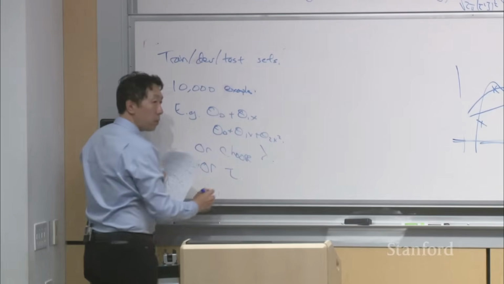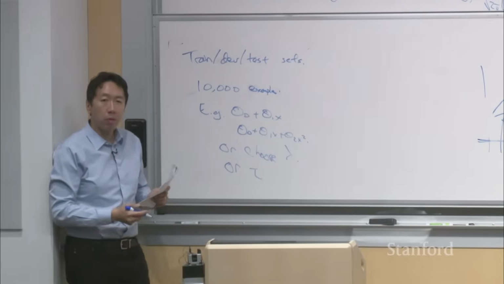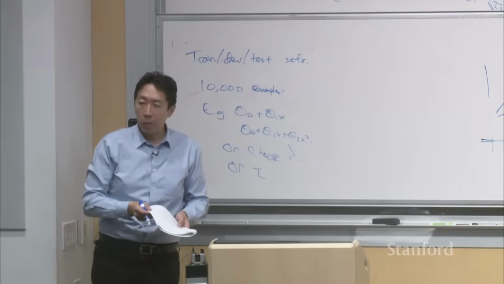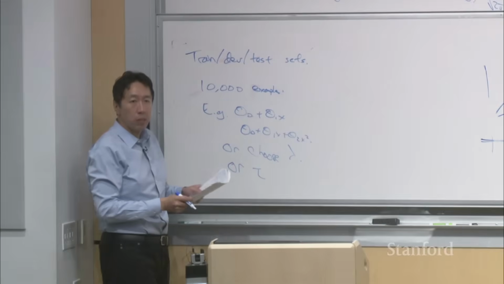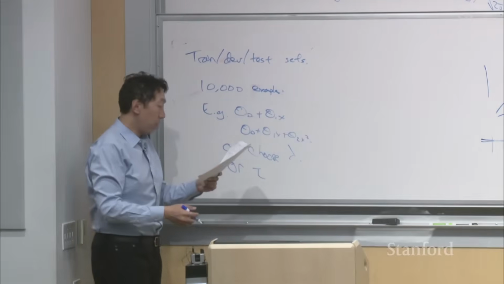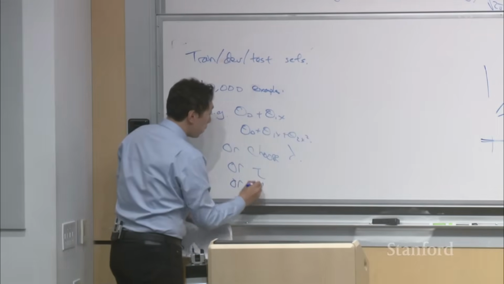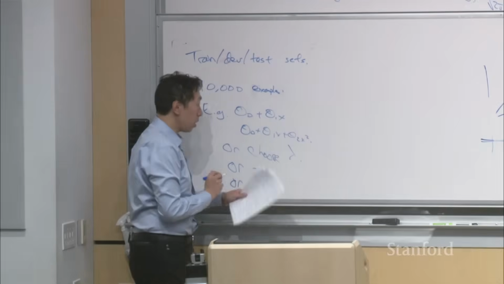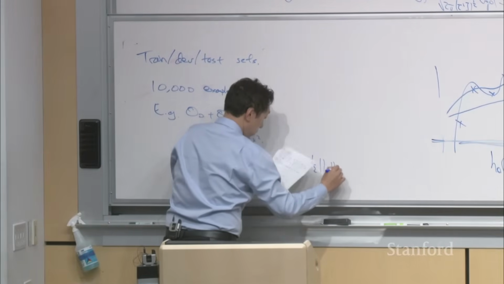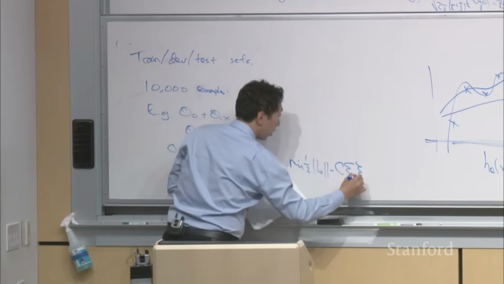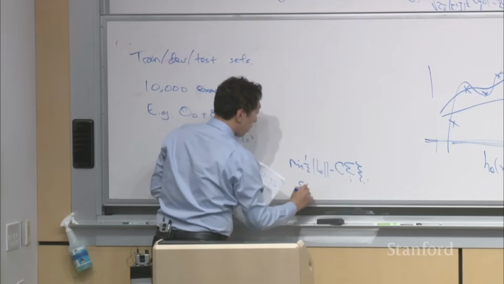Or you're trying to choose the value of tau. That was the bandwidth parameter in locally weighted regression that you saw in the problem set. Or you're trying to choose the value C in a support vector machine. So remember, the SVM objective was actually this, subject to some other things.